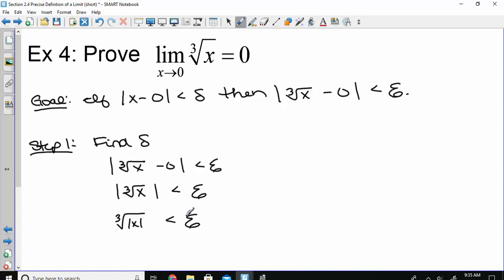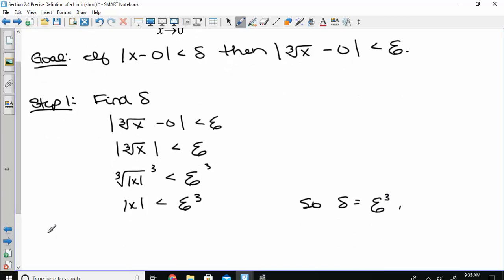How would I get my absolute value of x by itself? How could I get rid of my cube root? Cube each side. So the absolute value of x is less than epsilon cubed. So I need my delta to be, that was a crazy epsilon, epsilon cubed.